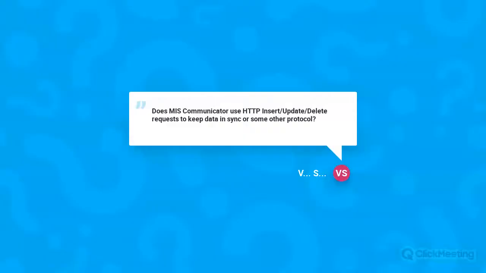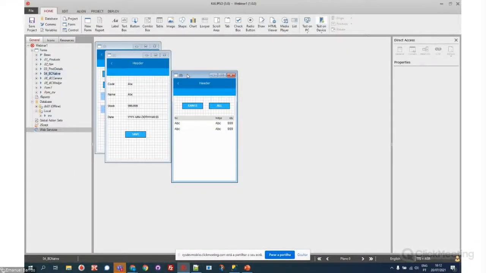Great. So next question, again about Mesh Communicator, because when we talked about Mesh Communicator, a lot of questions appeared. Does Mesh Communicator use HTTP insert, update, delete requests to keep data in synchronization, or some other protocol? It's our logic. It's not an HTTP request.